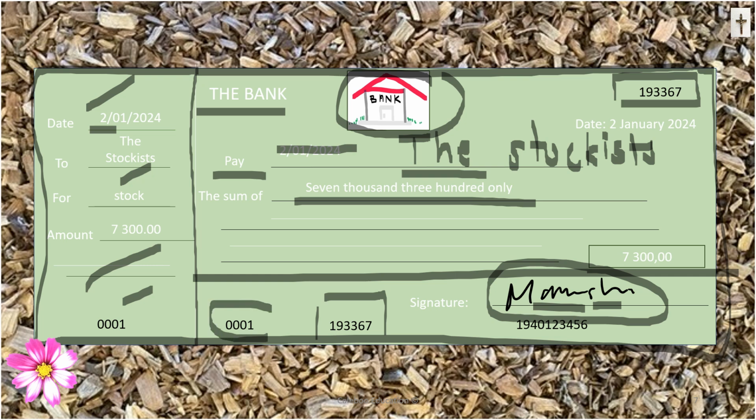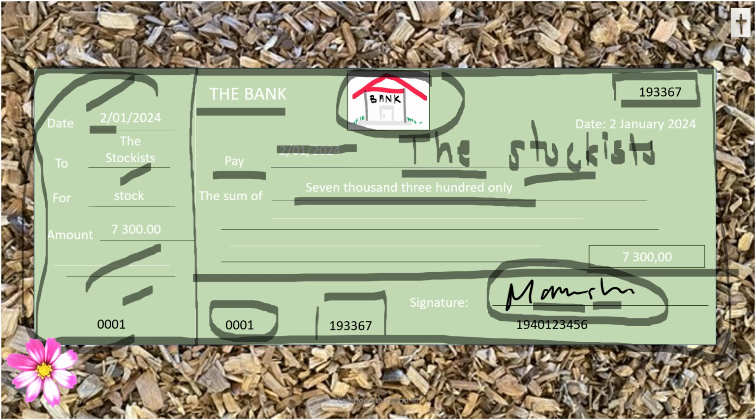And it's the first check that Calibre Education has issued. Check number 1. So the stockists get this check, 7,300. Calibre Education has purchased stock.